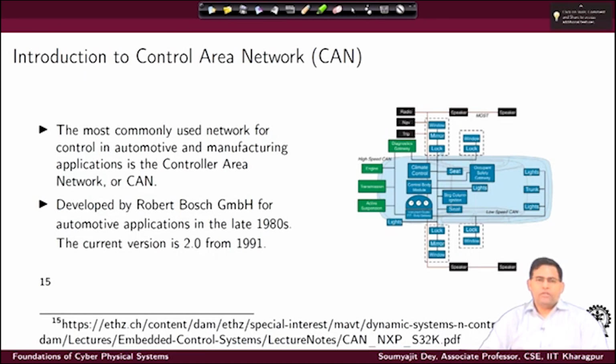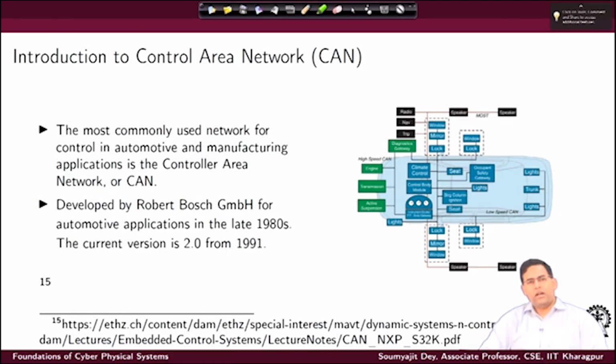This is the de facto standard in automotives, though nowadays automotive Ethernet and other standards are also coming in, but this still happens to be the de facto standard for all intra-vehicular communication. This was developed by the company Robert Bosch around the 1980s, and the current version is 2.0 from 1991.